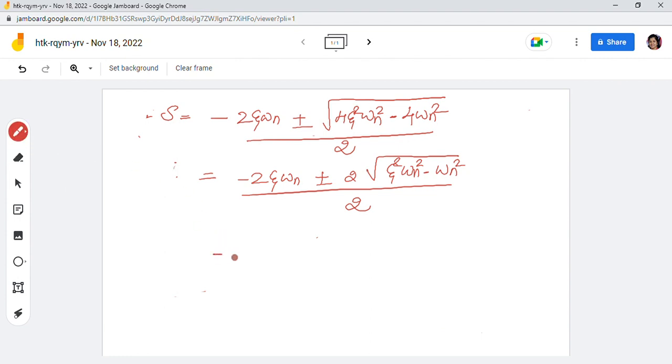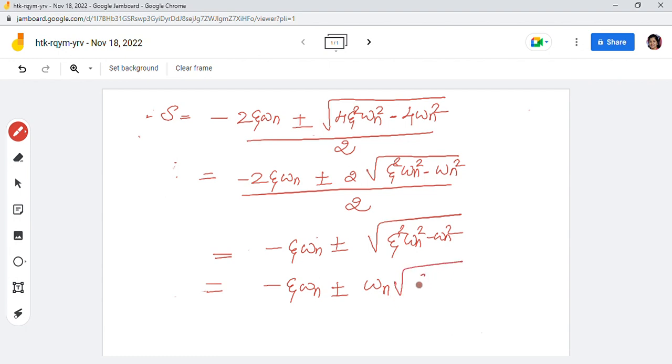Now this is equal to minus eta omega n plus or minus root of eta square omega n square minus omega n square, which is equal to minus eta omega n plus or minus omega n, taking it outside, into the root of eta square minus 1.